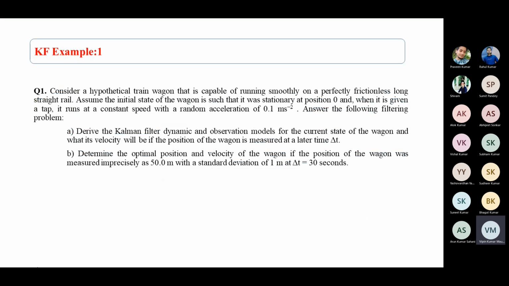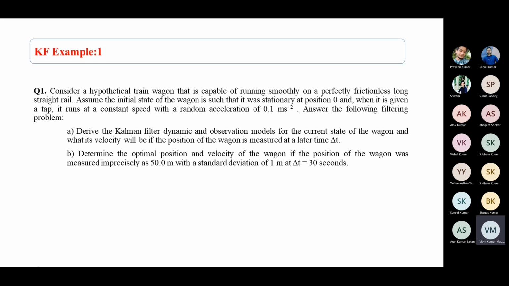Consider a hypothetical train wagon that is capable of running smoothly on a perfectly frictionless long straight track. Assume the initial state of the wagon is such that it is stationary at position 0, and when given a tap, it runs at constant speed with a random acceleration of 0.1 meter per second squared. Answer the following filtering problem.